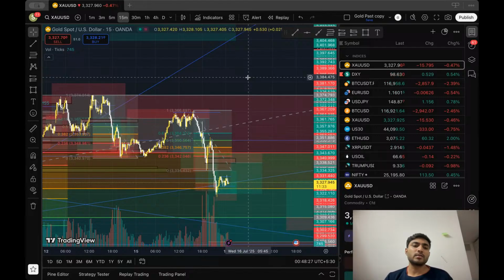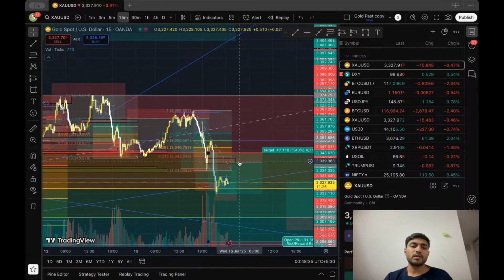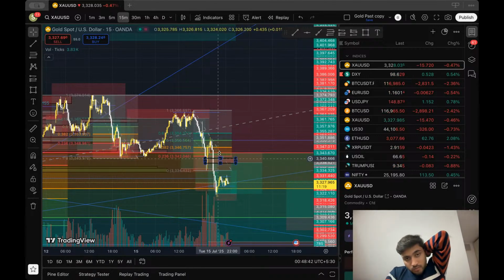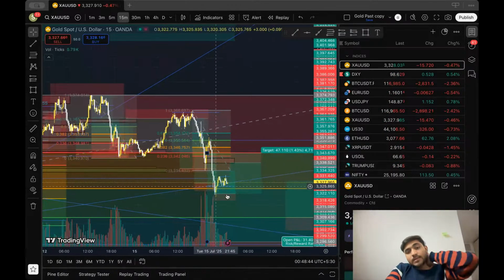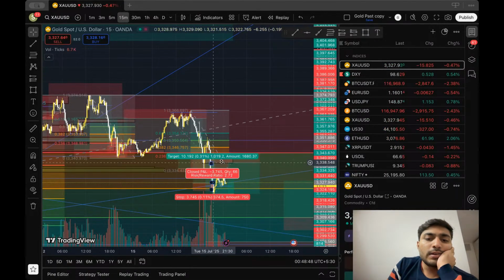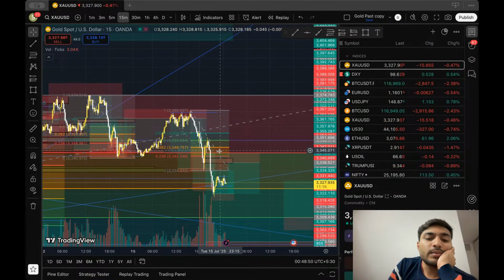What I can tell you is this level 47 could be a good selling level. We're selling already from here, which is good also because a fair value gap is there, and ICT does teach us that. Let's leave ICT. My intuition is also saying maybe this level could be reached, but not right now.